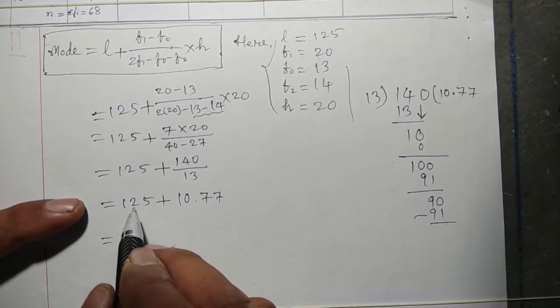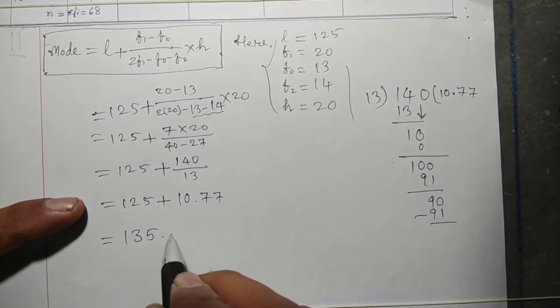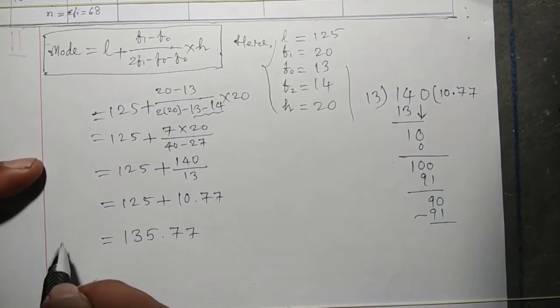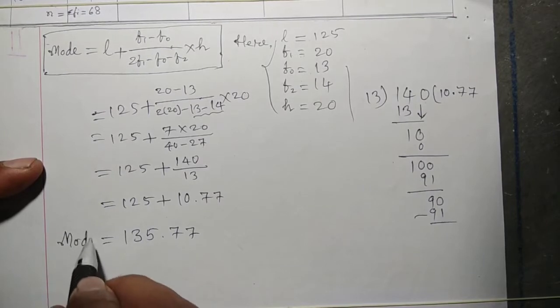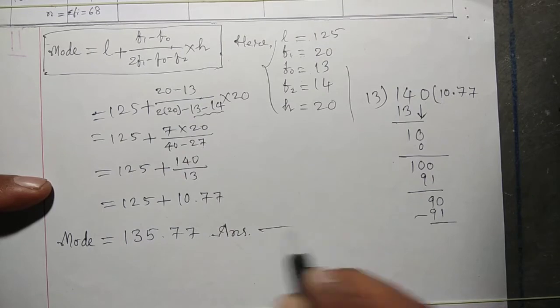So 125 plus 10.77 is 135.77. This is the mode. Answer 2.